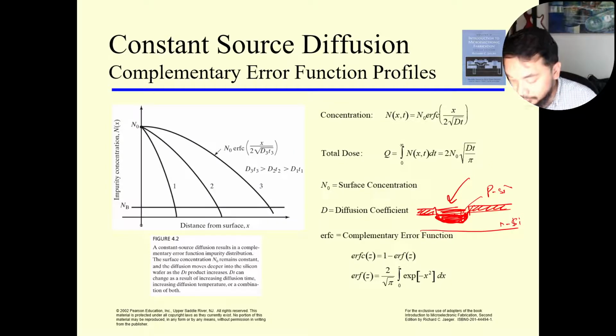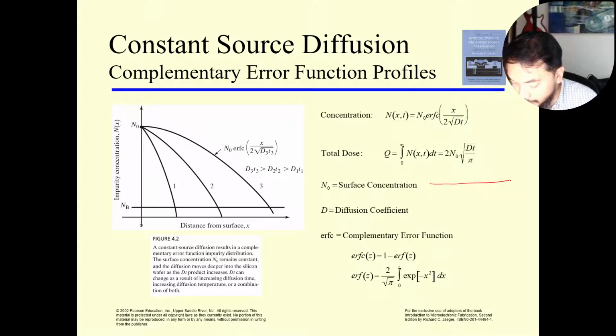So NB is the doping concentration of the original wafer. If it's an n-type wafer, then NB is this. And it's uniform throughout the wafer.